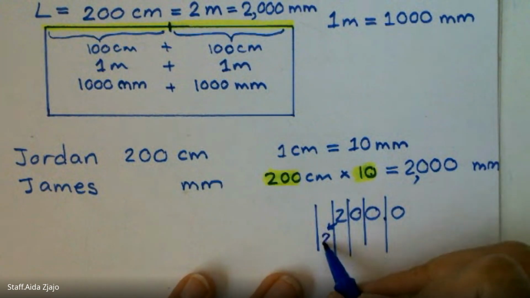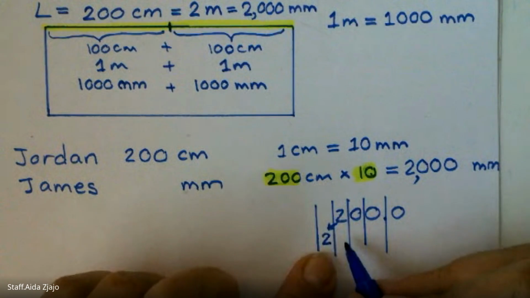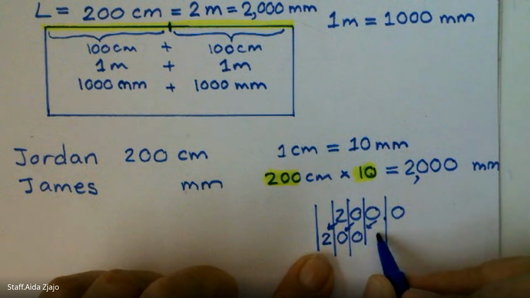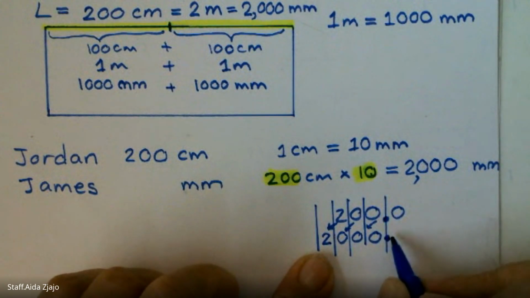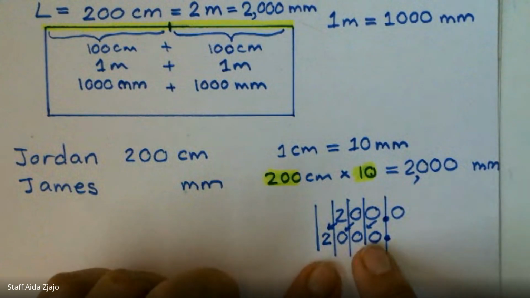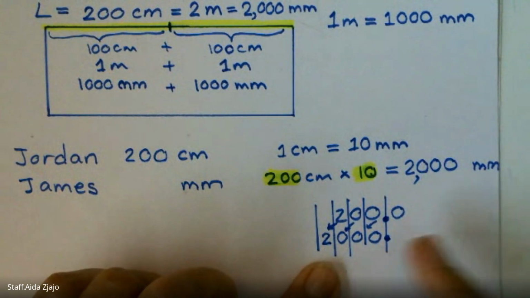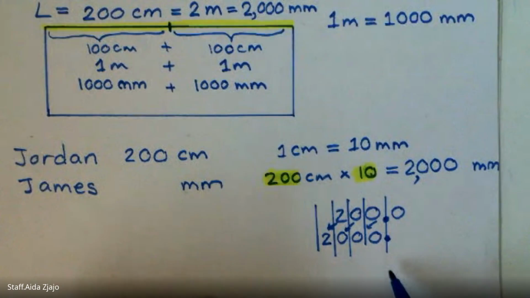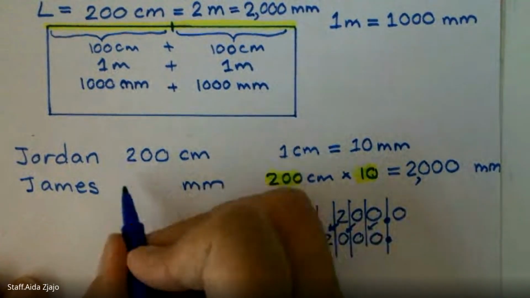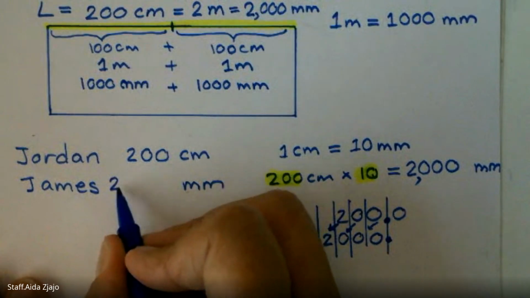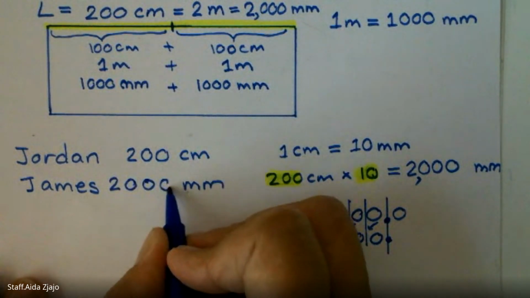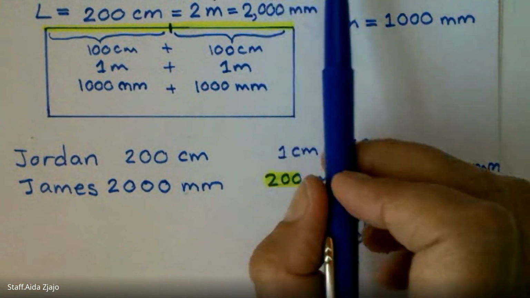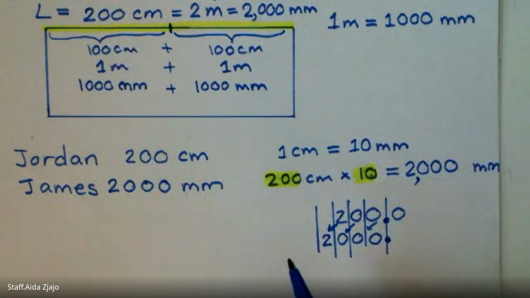They move only one place value to the left, and I will have the same answer as this, 2,000 millimeters, if I use a place value chart. So James is the same value, 2,000 millimeters.